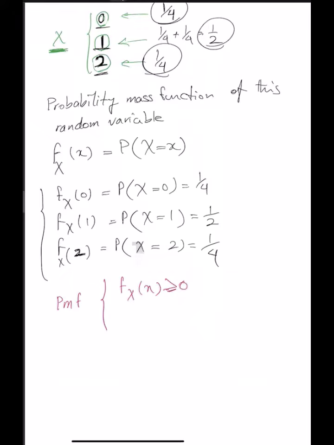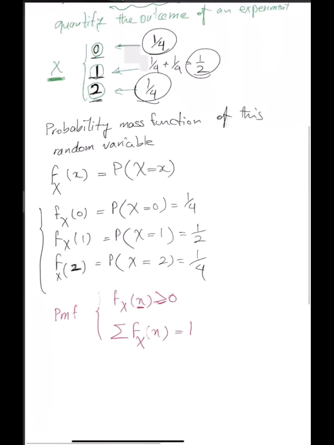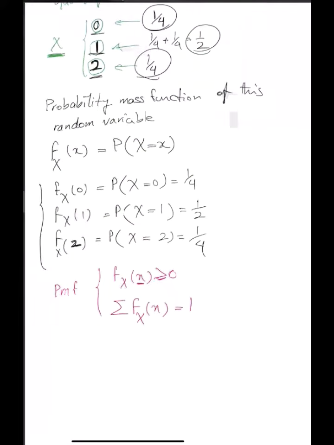That means the probability for each one of those x values is greater than or equal to 0. And the other one is that the sum of these probabilities is 1. I have to check this to make sure that it's a probability mass function.